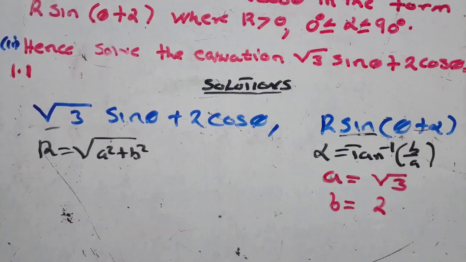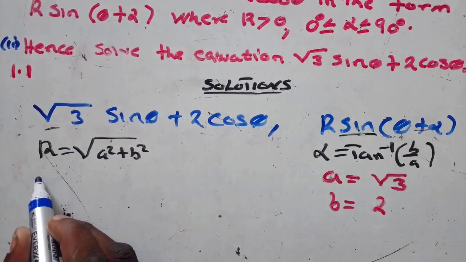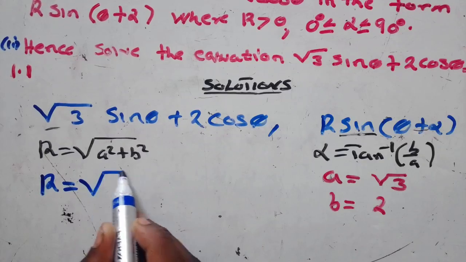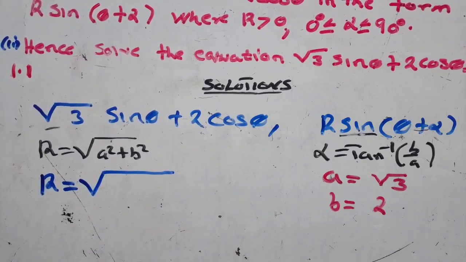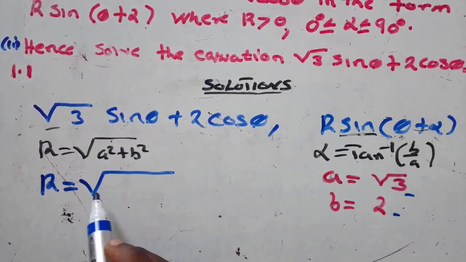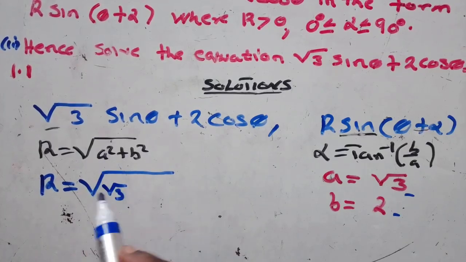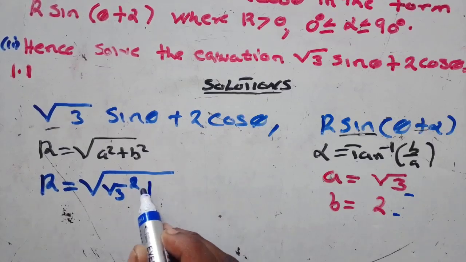So let's begin. We know that our r is equal to root of a squared. Which one is our a here? We have said that this is our a and this is our b. So on our a we're going to have root 3. Remember these are squared, so you also square. Don't forget to square, because if you do, you're going to be marked wrong even if you know what you are doing. Plus b squared.